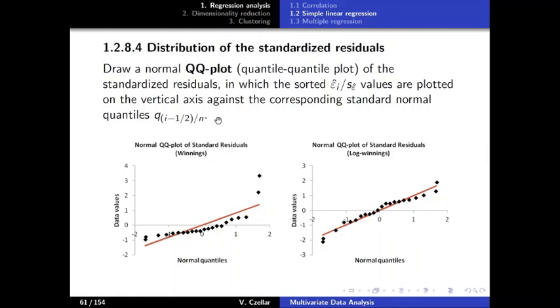So we would like to check whether the residuals, actually we'll do it with the standardized residuals, have a standard normal distribution. So we will plot the quantiles of the standardized residuals on the y-axis and the quantiles from a standard normal distribution on the x-axis.